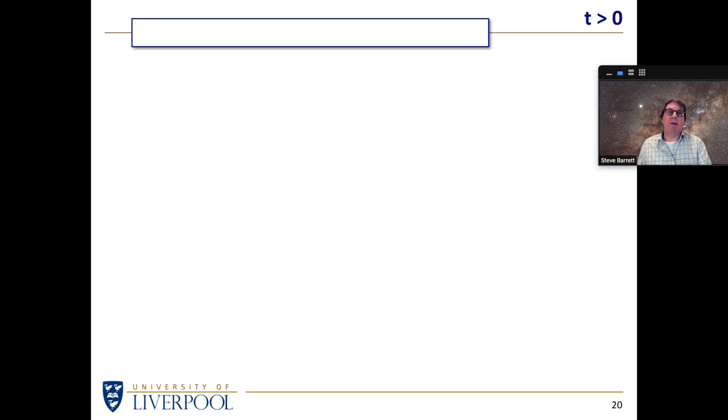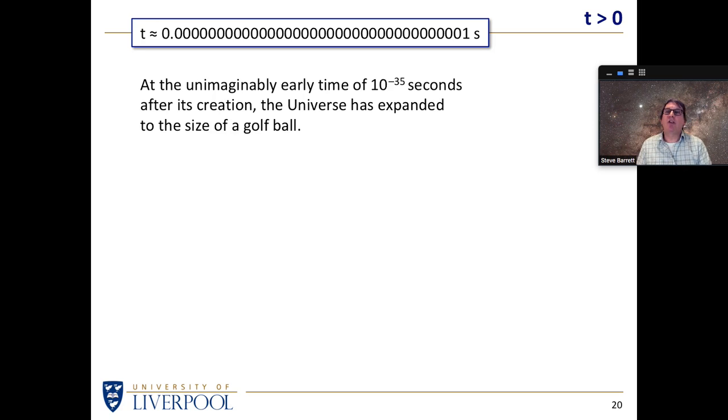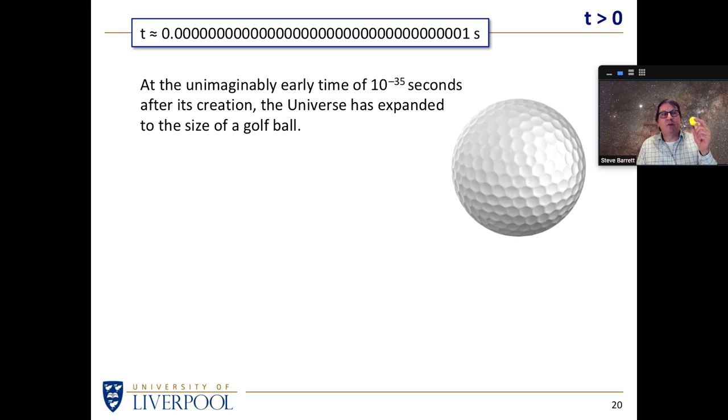Let's jump ahead. And now we're going to jump ahead to a rather short length of time here. You can see the number of zeros along the top there. 10 to the minus 35 seconds, 35 zeros and a 1. At that point, the observable universe that we understand today has expanded from nothing until it's about the size of a golf ball. So I'm saying that that's not necessarily the whole universe.